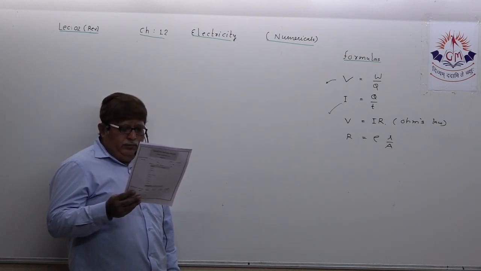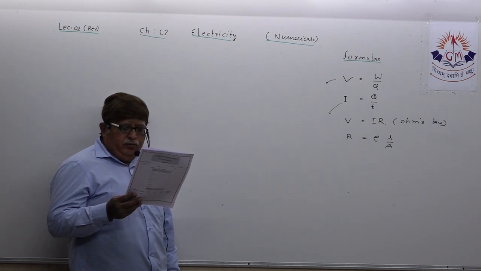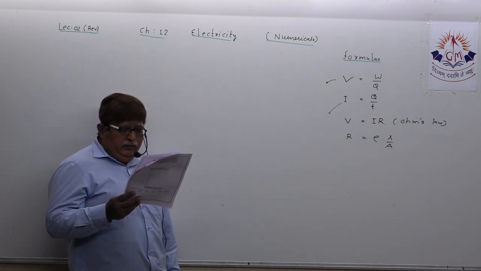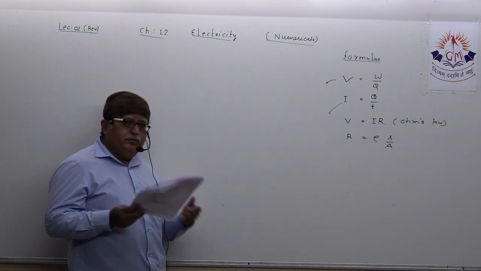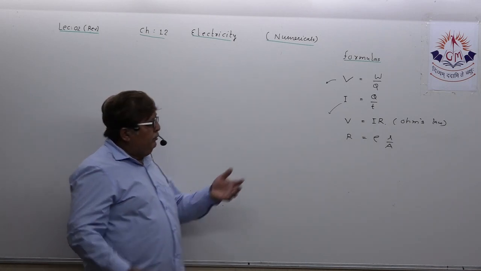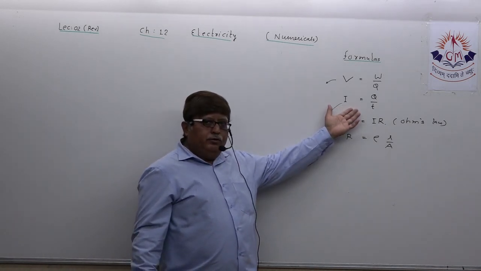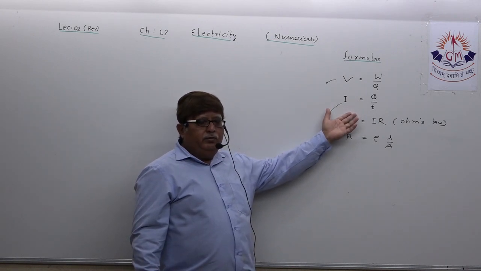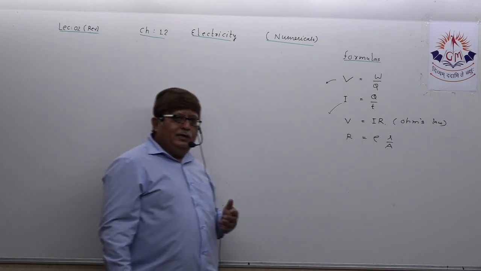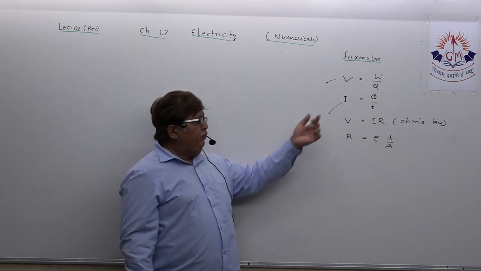1800 coulomb is passing through an electric bulb for an hour, then how much electric current will pass through an electric bulb? You can do it easily by yourself because charge is given, time is given, you know the formula, but when you want to apply this particular formula, I have mentioned some important facts.